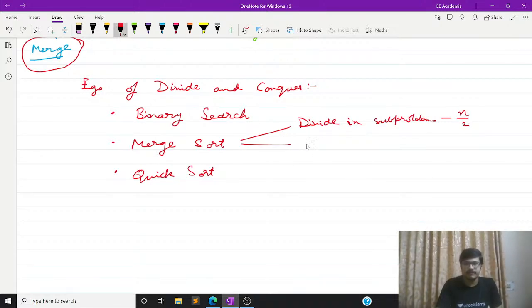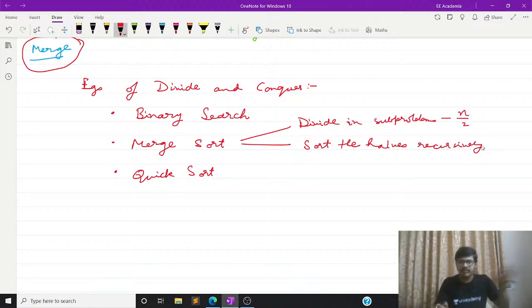Then sort the halves recursively, the left and the right half. That means the left half contains n by 2 elements, the right half contains n by 2 elements. Sort them recursively, like calling merge sort recursively.